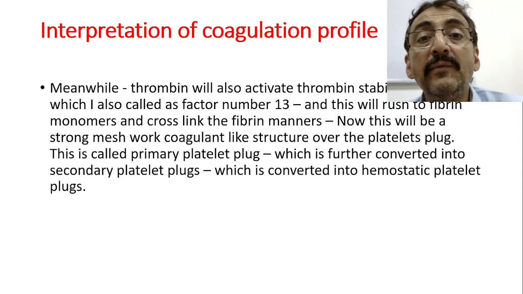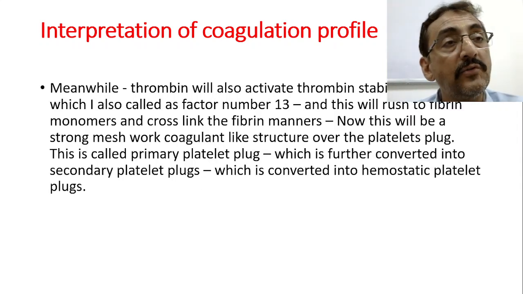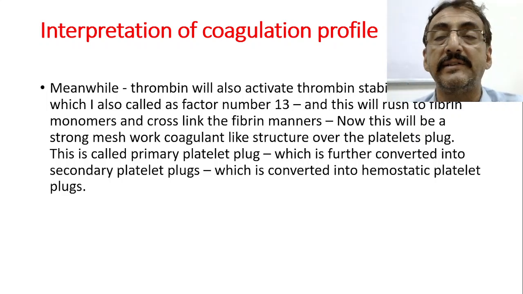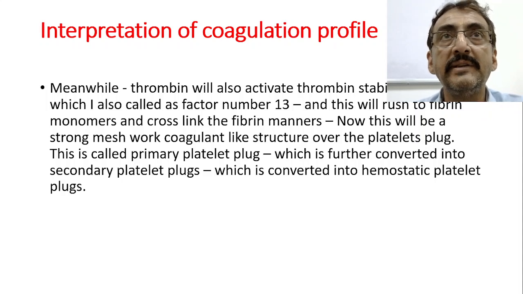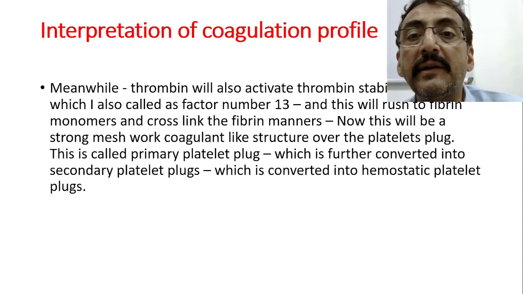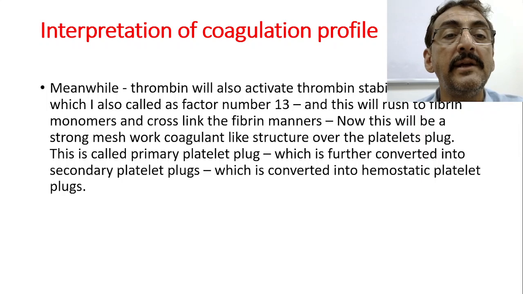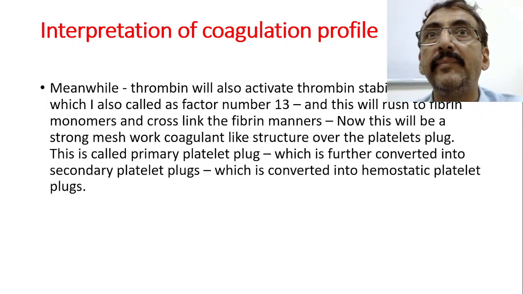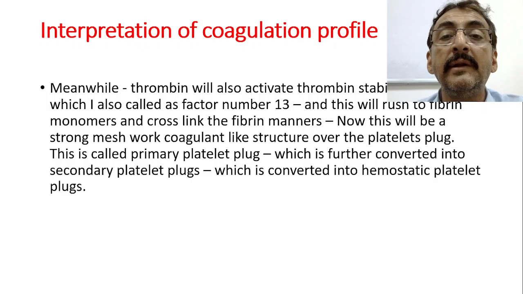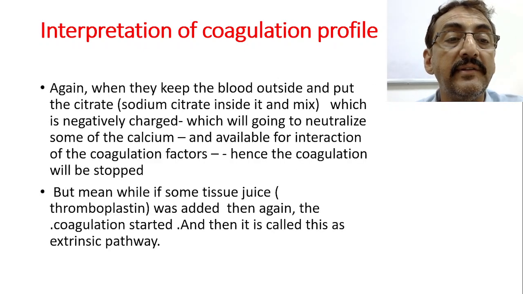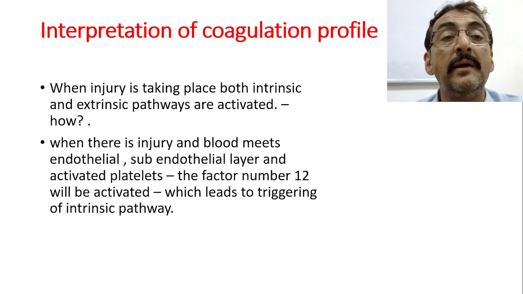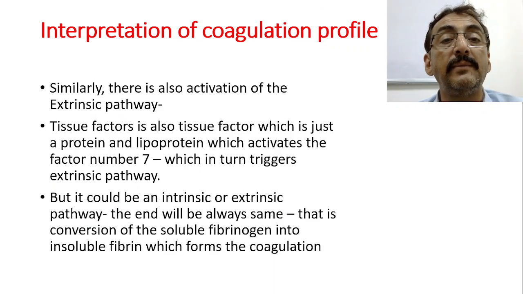Once thrombin is formed, it also activates the thrombin stabilizing factor, which is also called factor number 13. Factor number 13 is called fibrin stabilizing factor. Okay, it is also called fibrin stabilizing factor.